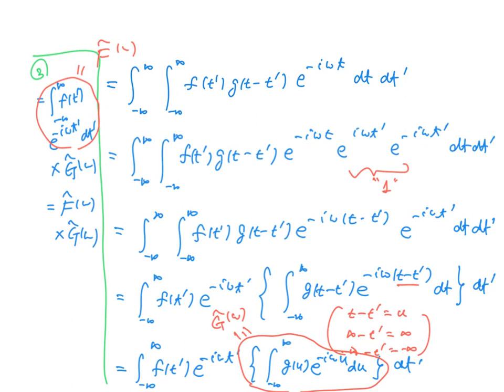So convolution is really, really important. If h(t) is a convolution of f and g, then its transform is the product.